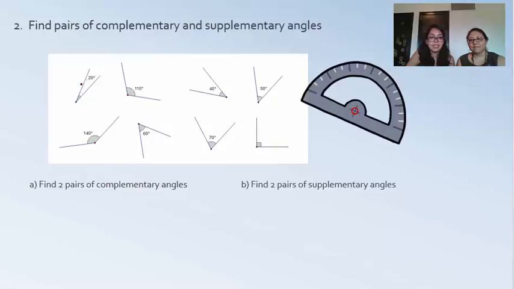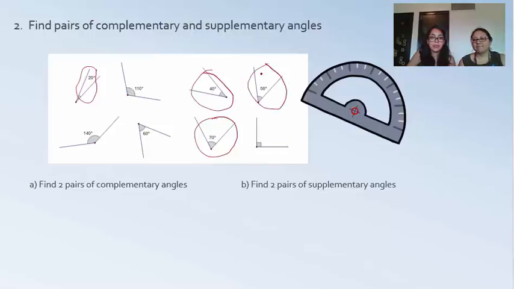For instance, this 20-degree angle plus this 70-degree angle will be complementary. Why? Because they equal 90. Let's try to find another one. This 40-degree angle and this 50-degree angle are complementary angles that add up to 90. And if you notice, this one's a complementary angle within itself. It's 90 degrees.